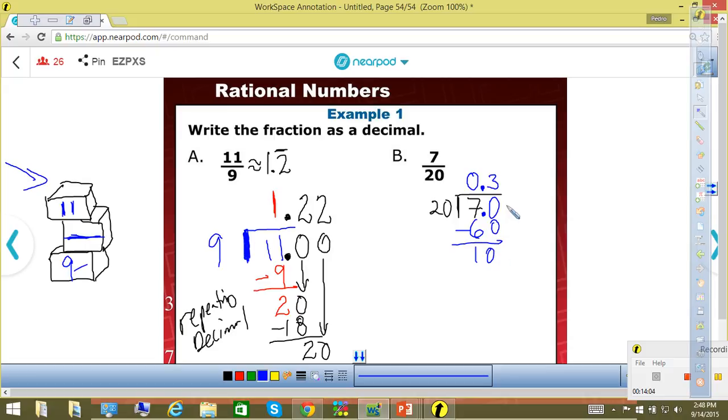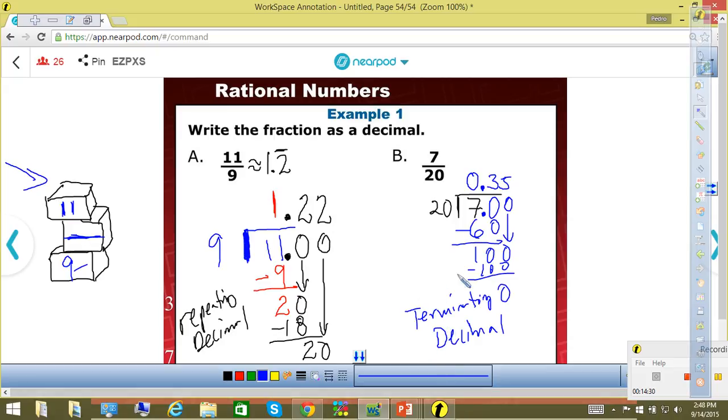Subtract. That leaves us with 10. Add a 0. Bring that down. 20 fits into 100 how many times? 5. Do we have any left over? Is this repeating? This is called a terminating decimal. Okay?